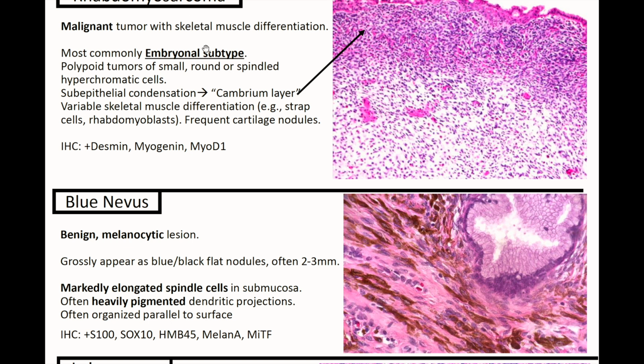Most commonly, it is the embryonal subtype, and these are going to be polypoid tumors of small, round, or spindled hyperchromatic cells. And subepithelial condensation causes this cambium layer, as shown here, with variable skeletal muscle differentiation, or strap cells, or rhabdomyoblasts, with frequent cartilage nodules. And rhabdomyosarcomas are going to stain similar to the rhabdomyoma, with positivity for desmin, myogenin, and MyoD1.